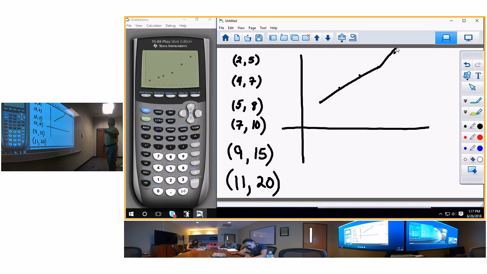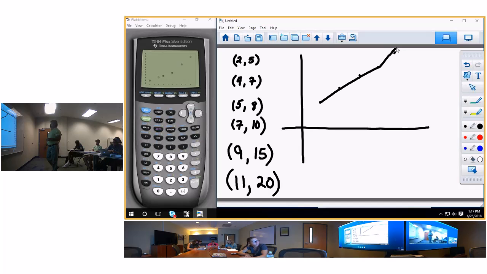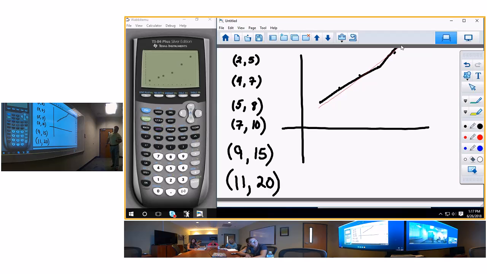Okay? Now, if I was to draw a real light line, probably the line of regression is probably going to go something like that. That red line, you can barely see it.